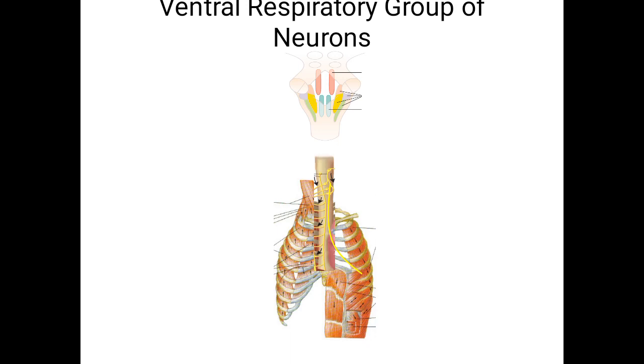In this ventral respiratory group of neurons, VRG, you can see the impulse traveling from there to the respiratory neurons which supply the respiratory muscles. From here it goes to both sides. This side will cause inspiration, this side will cause expiration. So it is forceful inspiration, forceful expiration when needed.